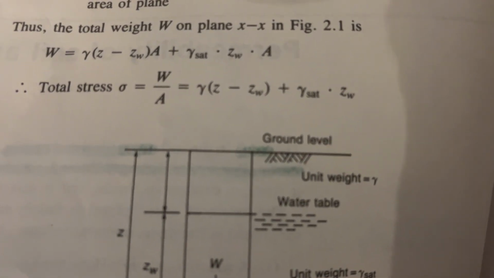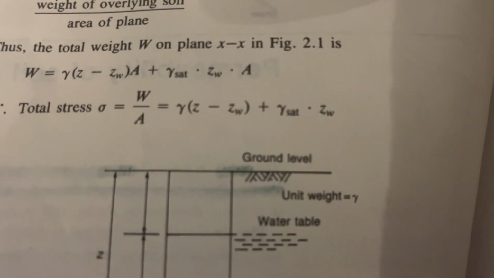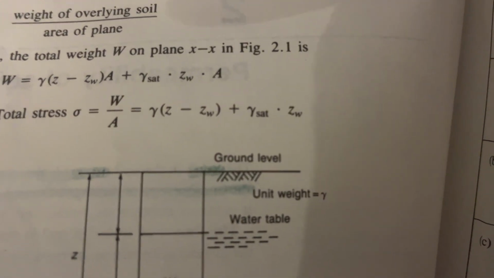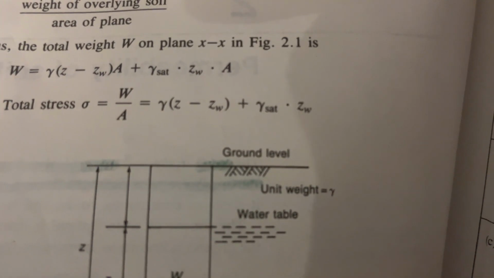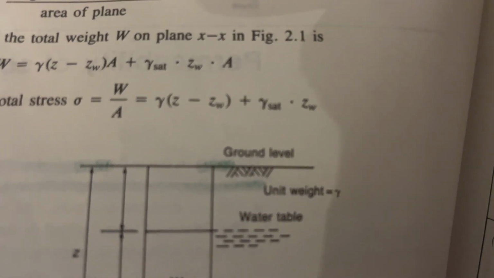The total stress is the weight per area, isn't it? Equals gamma (Z minus ZW) plus gamma sat times ZW.